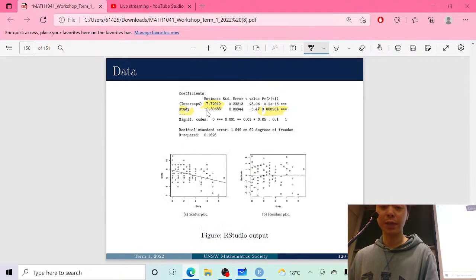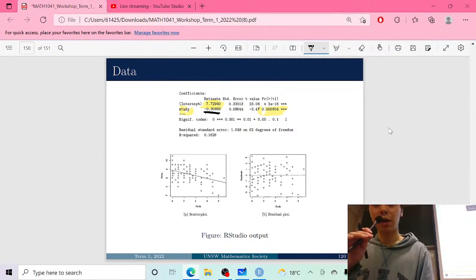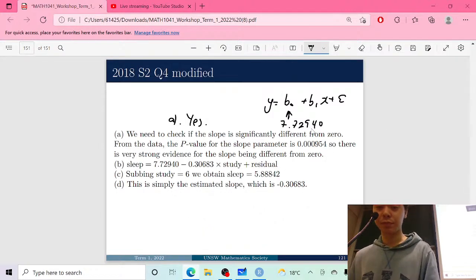B1 is going to be this value here. That's going to be the coefficient of study, and that's what B1 is. And then we have any residuals left, so we can just set that equal to whatever it is.